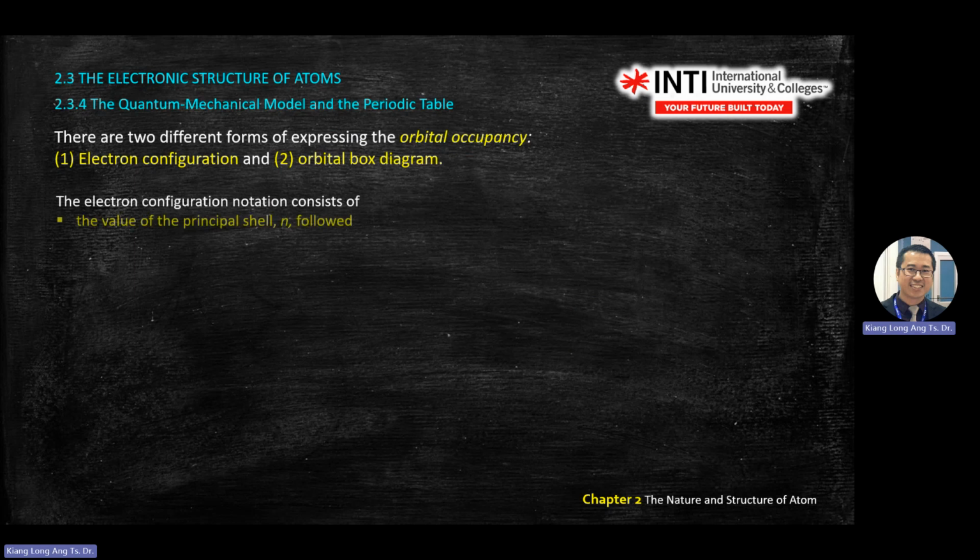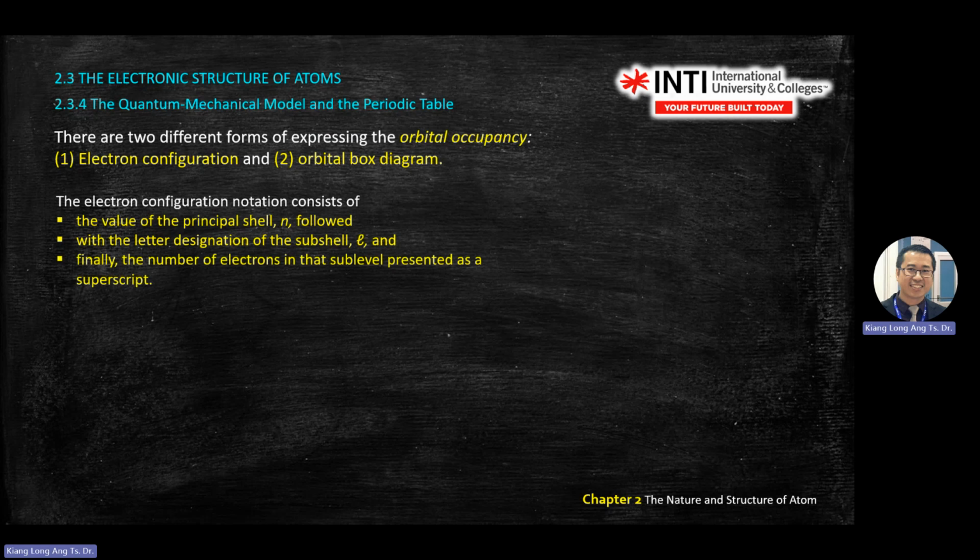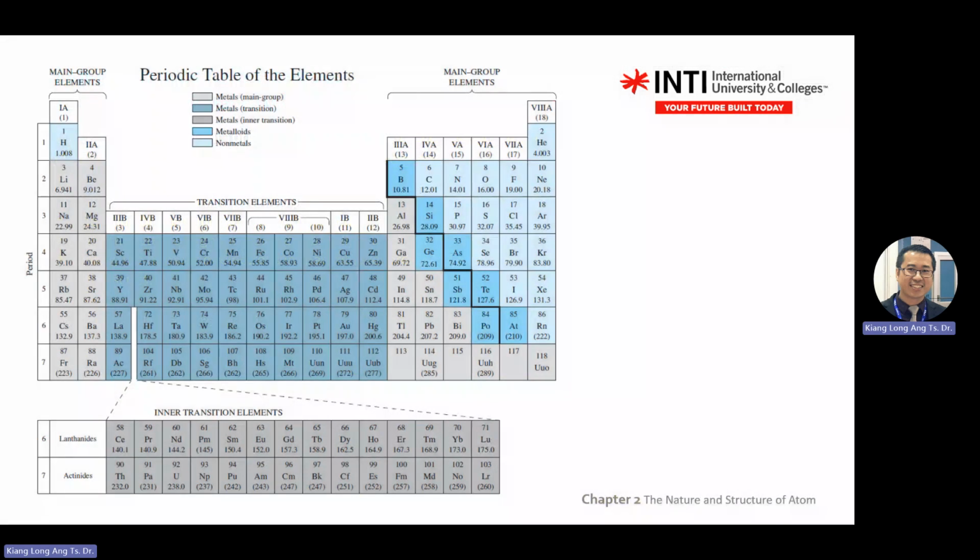Previously, we introduced electron configuration and the orbital box diagram. Electron configuration is written as s, p, d, f, and each gives you a number. For example, oxygen. How many electrons does oxygen have? 8.